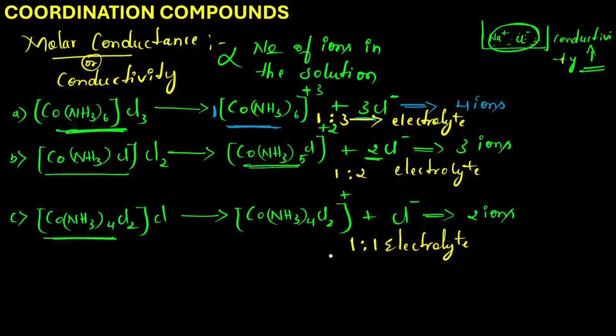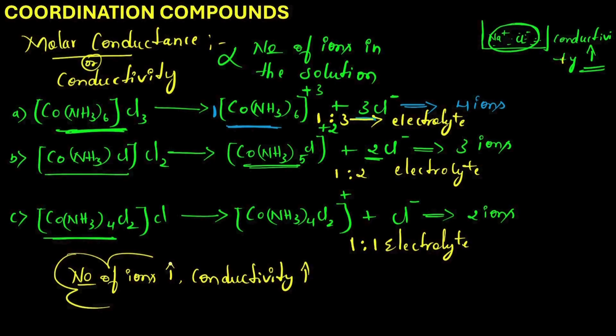By saying this, you can say that as the number of ions increases, the conductivity increases. Here the number of ions increases, the conductivity also increases.